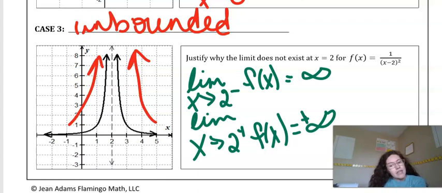But since I can't say that infinity is a real number, I couldn't say it has that value there. So a limit approaches infinity, but by definition, infinity is not a real number at the end behavior, okay? We're almost done with this video, I promise you.